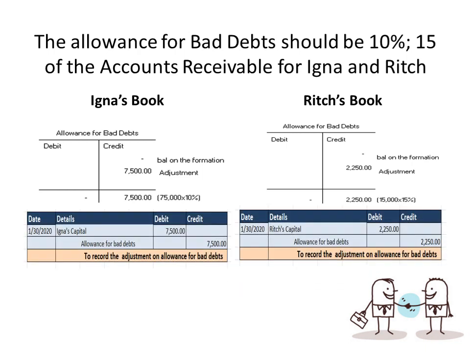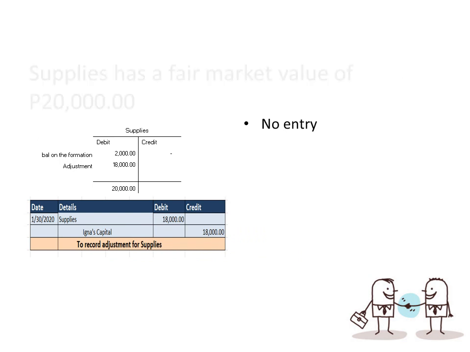So we record, for Igna, debit Igna capital 7,500, and since we increase allowance for bad debts, which is a credit, we credit allowance for bad debts 7,500. This is for Igna's book. And for Rich's book, we record Rich capital 2,250 and allowance for bad debts 2,250. Just the same, with explanations.